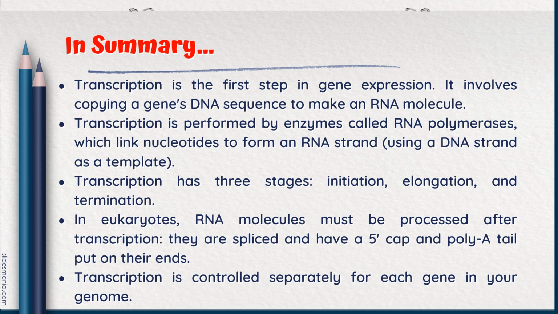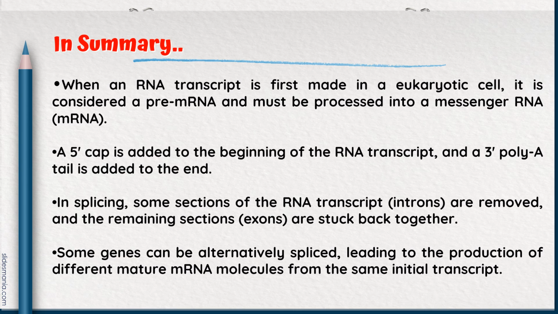And also, transcription is controlled separately for each gene in our genome. When an RNA transcript is first made in a eukaryotic cell, it is considered a pre-mRNA and must be processed into a messenger RNA. A 5' cap is added to the beginning of the RNA transcript and a 3' poly A tail is added to the end.